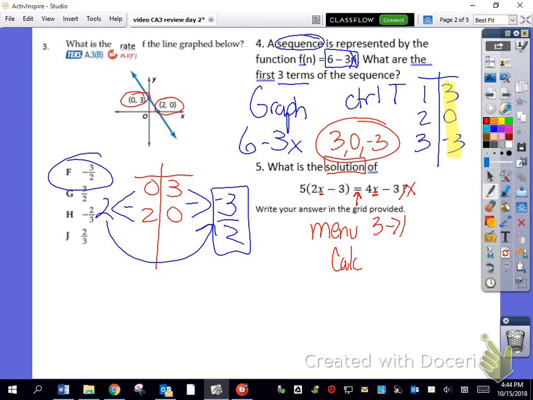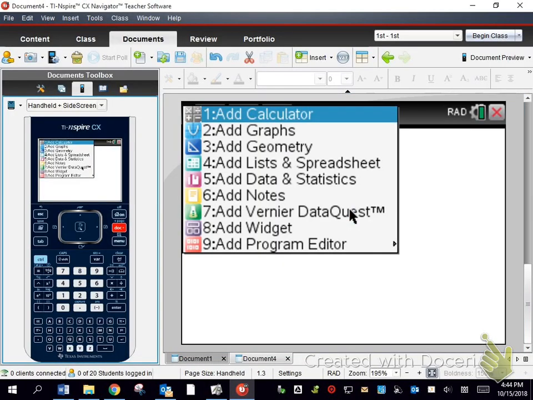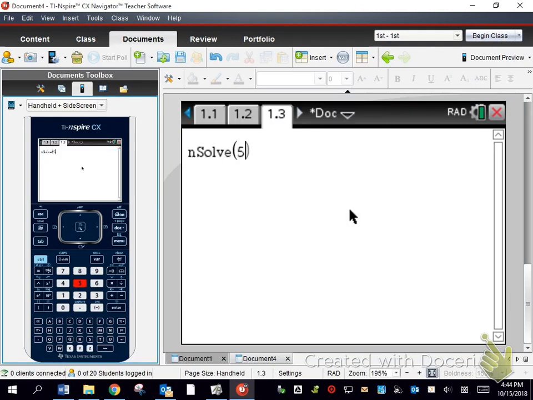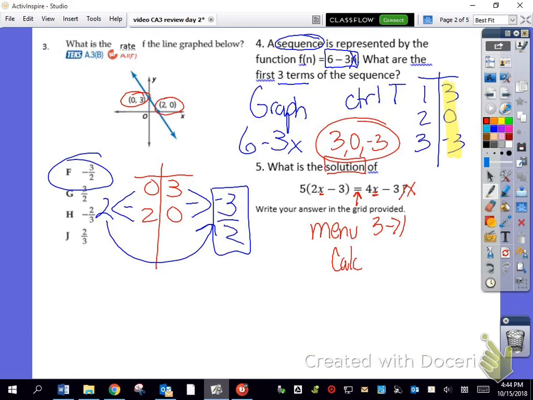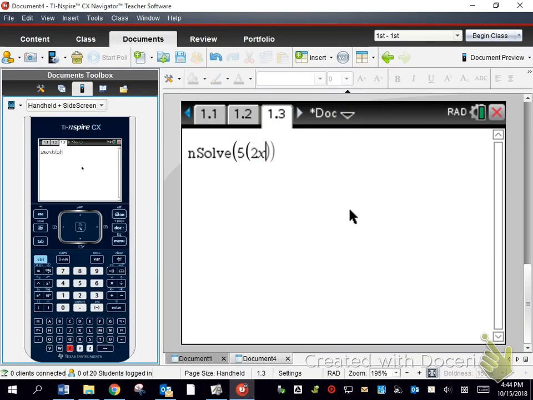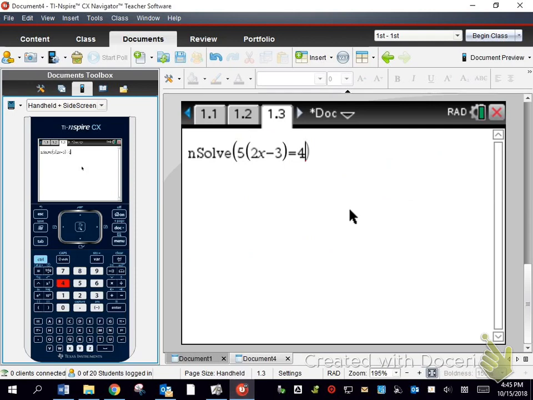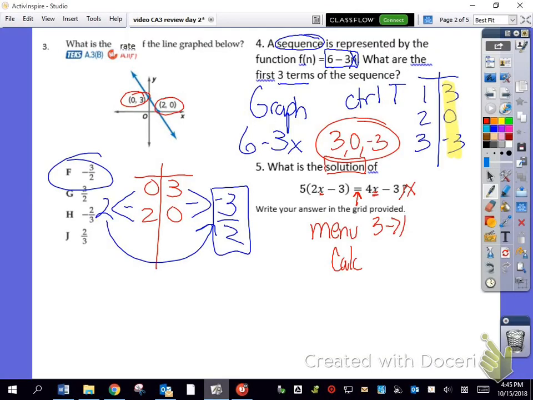So do Control-doc, go to a calculator page, menu 3.1, and you're going to do 5 parentheses, 2x minus 3, close the parentheses, equals, then 4x minus 3. After that, put a comma and then the variable x, hit enter, and your answer is 2. You are more than welcome to work it out the long way, but remember, you've got to have the outside parentheses around all of that, so it has to look just like that.